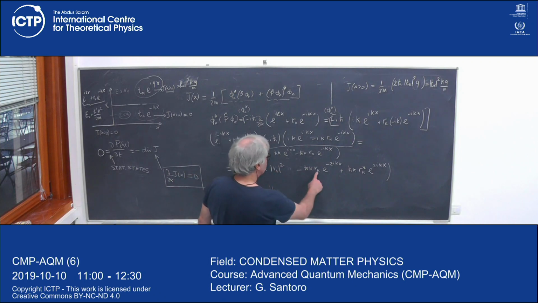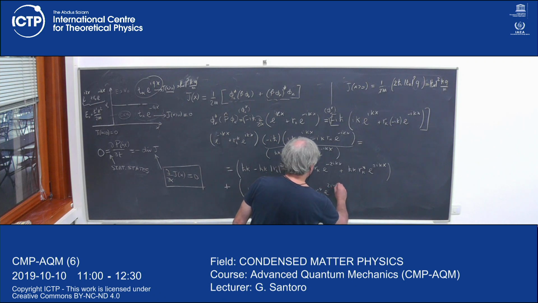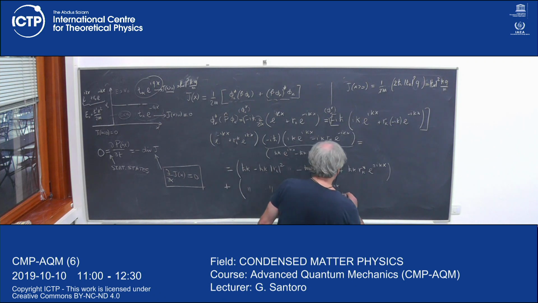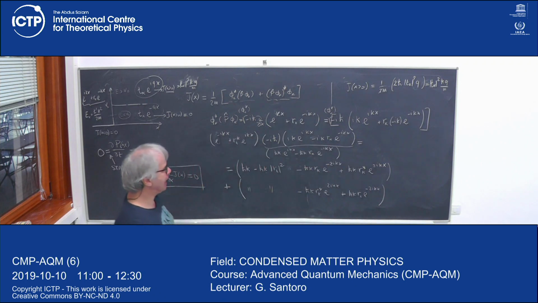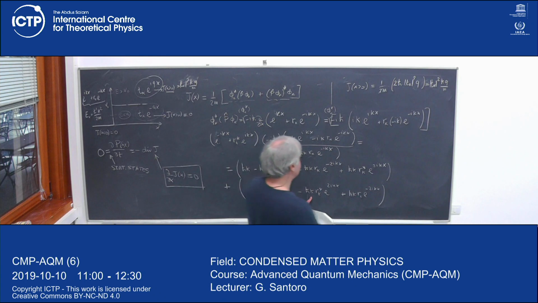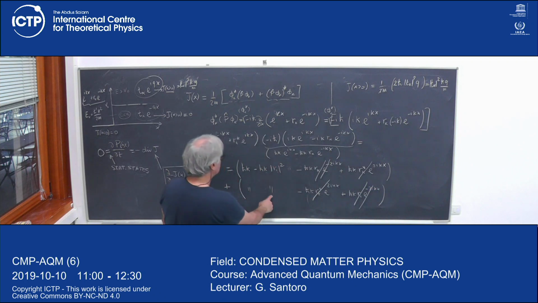The complex conjugate of this is minus h bar k, rk star, e to the 2ikx. And the complex conjugate of this is plus h bar k, rk, e to the minus 2ikx. I relax now, because this and this go away. And this also goes away, while these two just sum.